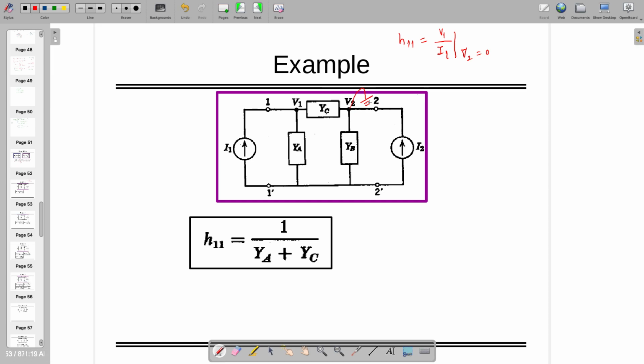So V1 in terms of I1, I can write down directly, no? So I can see V equal to, there are 2 branches of currents. I can club them together if I want. So there are two resistances in parallel.